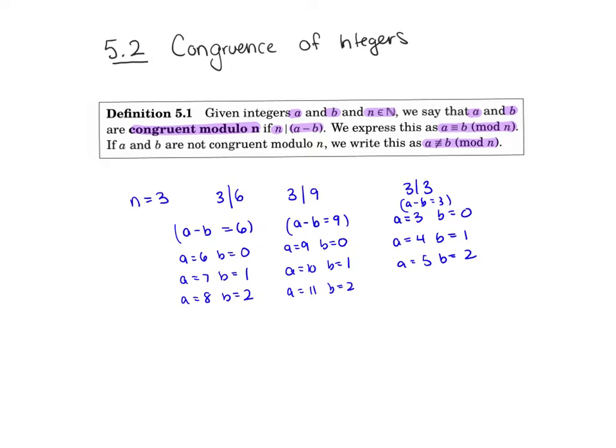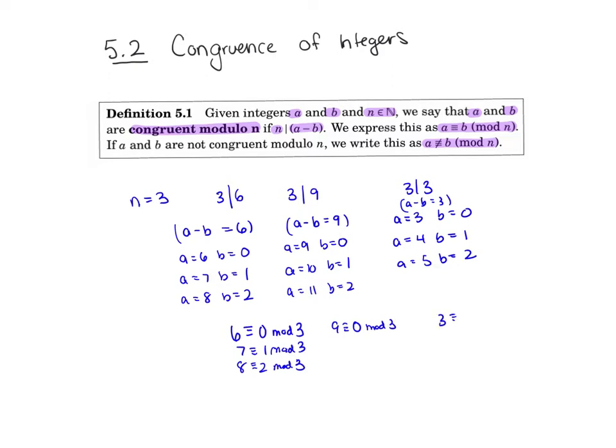So what do we have here? I have that 6 is congruent to 0 mod 3. 7 is congruent to 1 mod 3. 8 is congruent to 2 mod 3. 9 is also congruent to 0 mod 3.